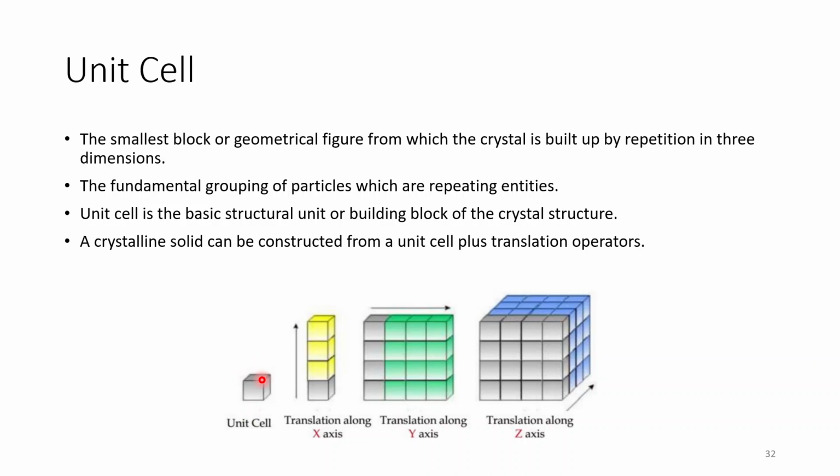So you have this unit cell, and if you translate it along the x-axis, then you find this. This is a 1D lattice, and if you translate in the y-axis, then you have 2D, and if you translate it along the z-axis as well, then it is a 3D lattice.